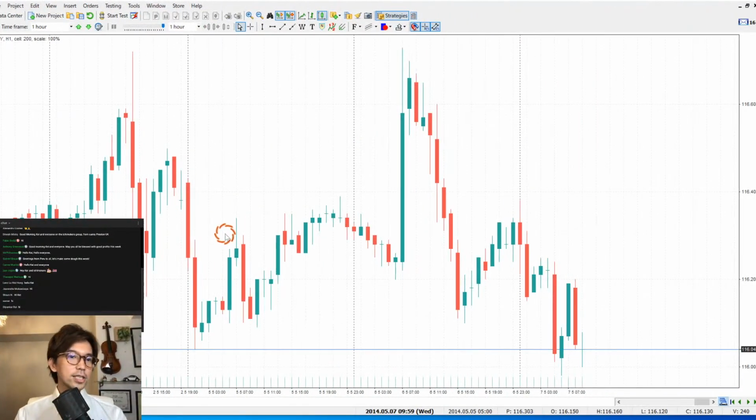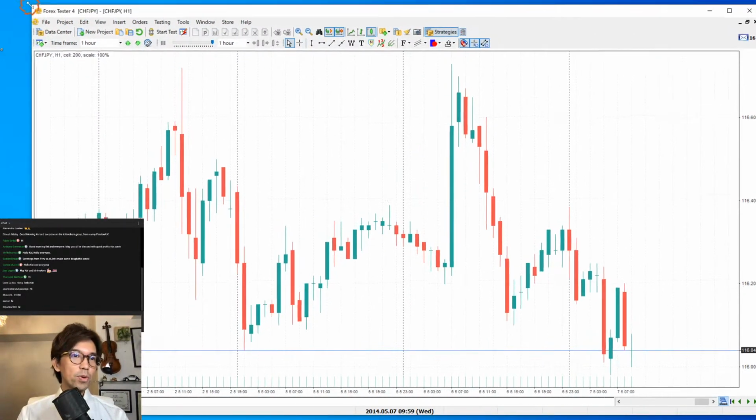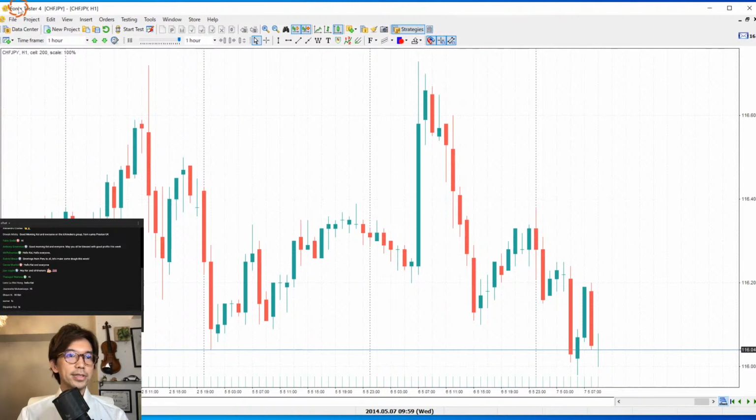So here is Forex Tester 4, and this is 2014, and this is CHFJPY, as it says here. The reason I picked this pair is because the Tokyo Box strategy is available on JPY cross currency pairs.